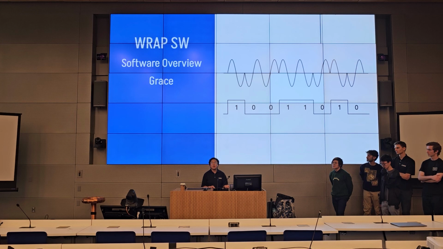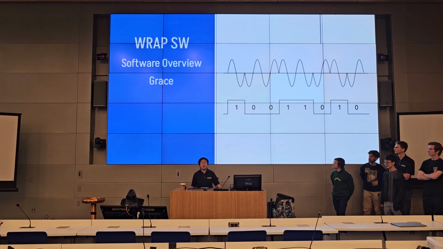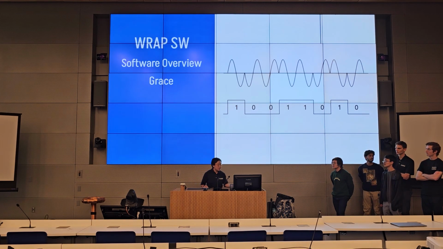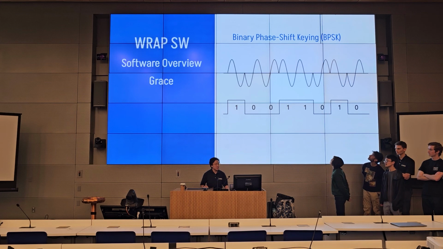We'll assign a binary bit of 1 to a cosine with 0 degree phase offset, and a binary bit of 0 to a cosine of 180 degree phase offset. So what you get is this interesting shape with M's and W's whenever there is a transition. This is called binary phase shift keying.